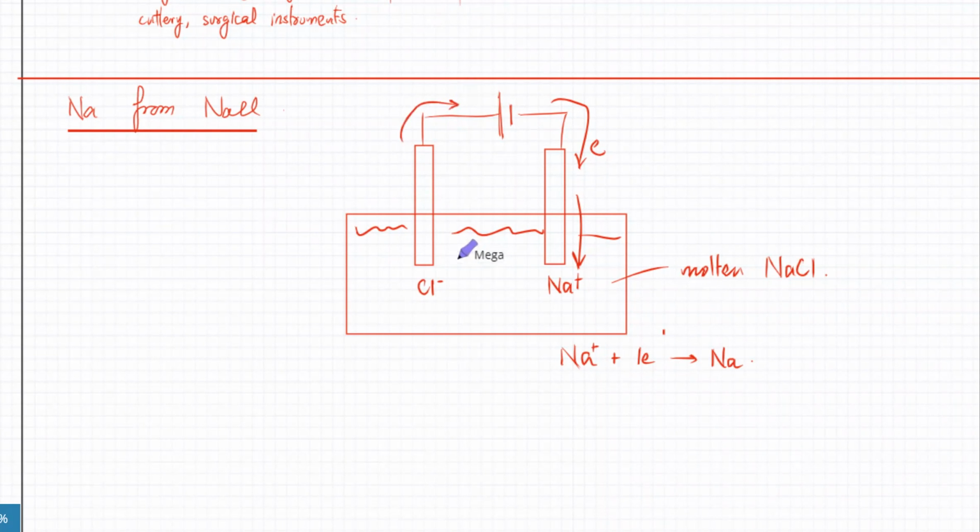So Cl-1 would be the one that would end up losing electrons. It's diatomic, so 2 Cl-1 ions would lose 2 electrons to form Cl2. So chlorine gas is going to be produced. But the important thing is that you're getting sodium metal. So that is electrolysis of a molten electrolyte.